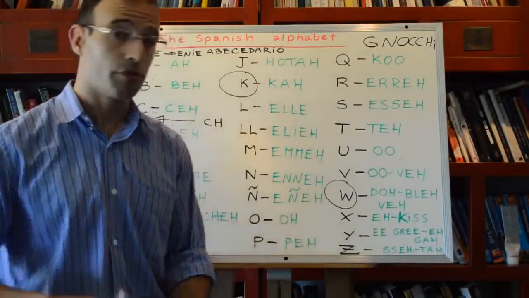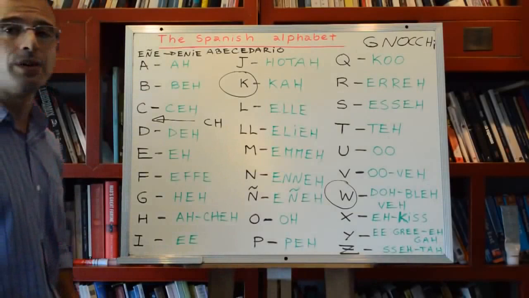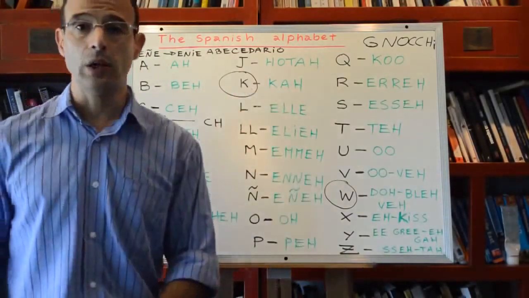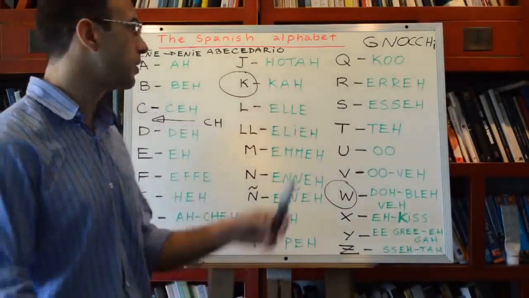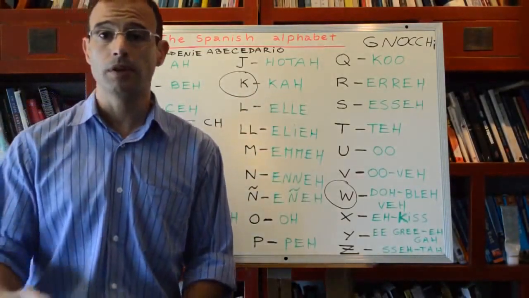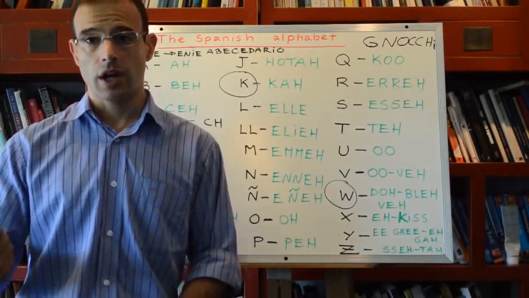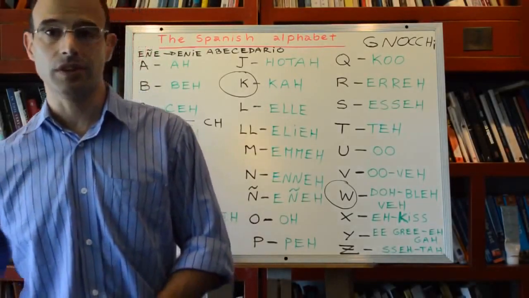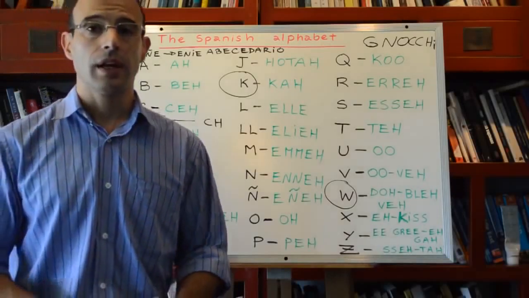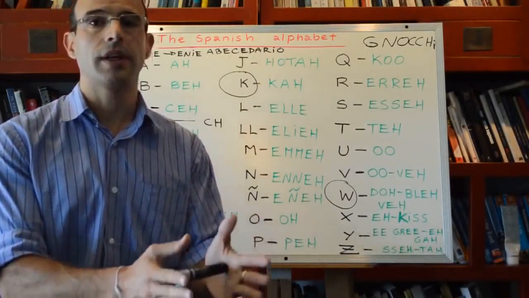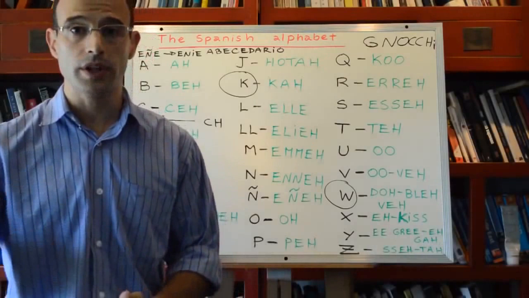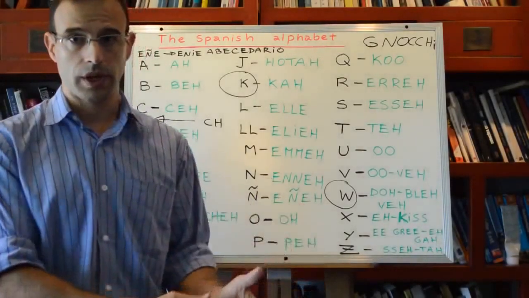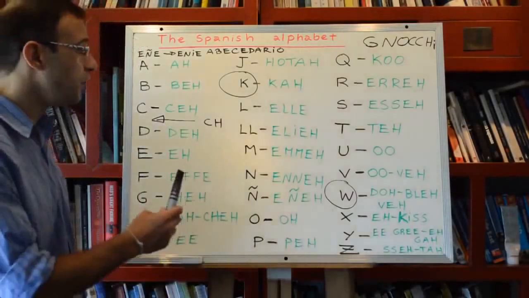Okay, so for example, the word kilogram, kilogramo, is written with K. Kilómetro, from kilometer, is written with K. Why? Because these are foreign words coming from Greek. Kilo means 1,000 in Greek, right? So to mark that it's a word that comes from another language, the K has remained in the word, instead of using QU.